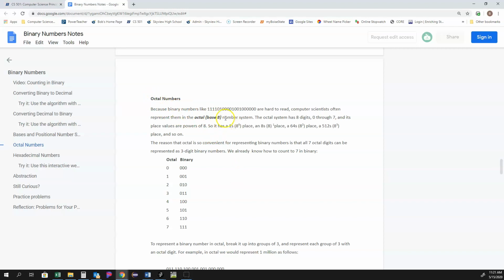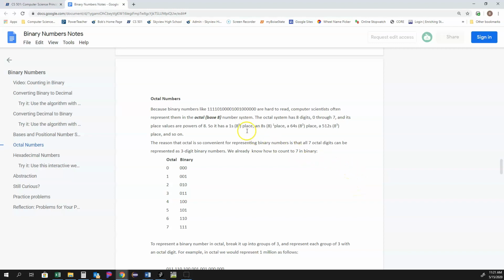Octal is a base 8 number system, so each value jumping over to the left is a multiple of 8. We have a ones place, times 8 is an 8s place, then times 8 is a 64s place, times 8 is a 512s place, and so forth.